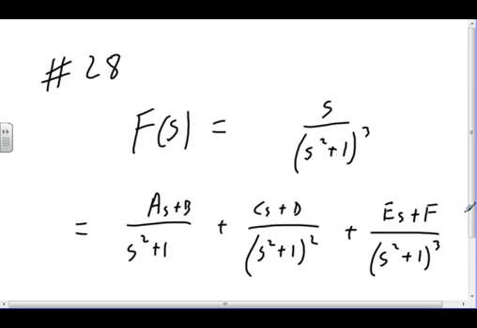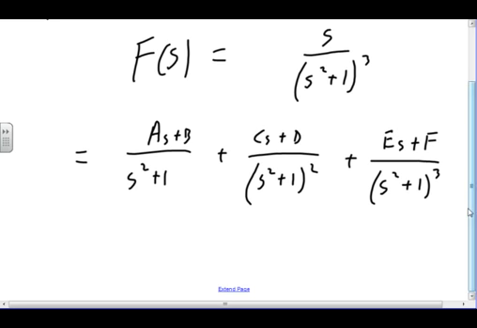Even if I did that, I don't have anything that's s squared plus 1 cubed. All right, well, with a little bit of luck, E and F will be 0, and then I'll have a chance of solving the problem.